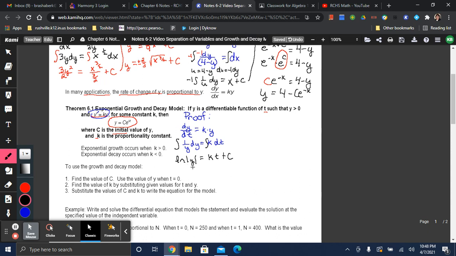So in solving for y, I will have e to this power kt plus c equals my positive value of y.